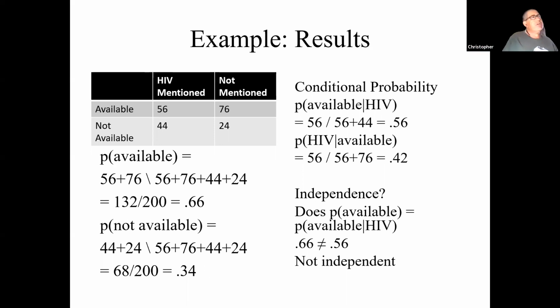If the two numbers are the same, it means the events are independent. But what we see here is the numbers aren't the same. The events are not independent. And what that means is that people with HIV were told more often that the apartment was not available. So this study really provides some evidence of discrimination, at least at the time of the study, based on HIV status.